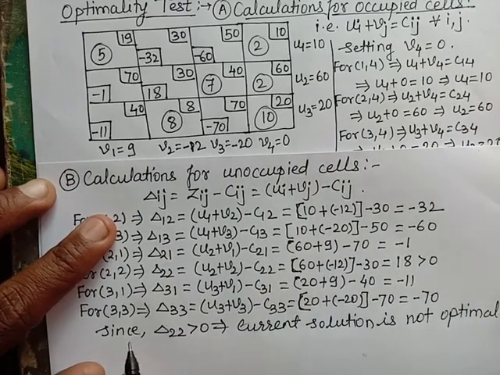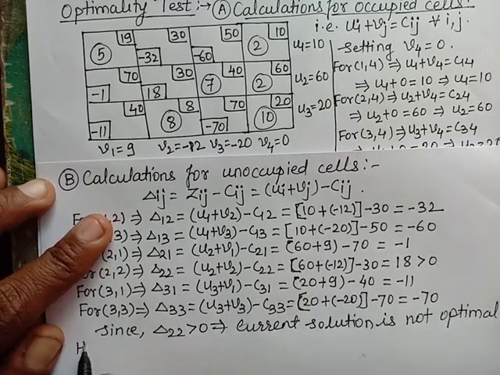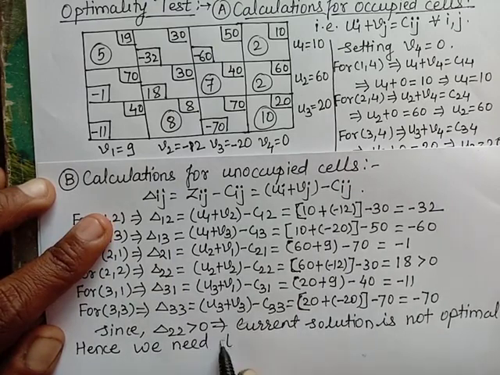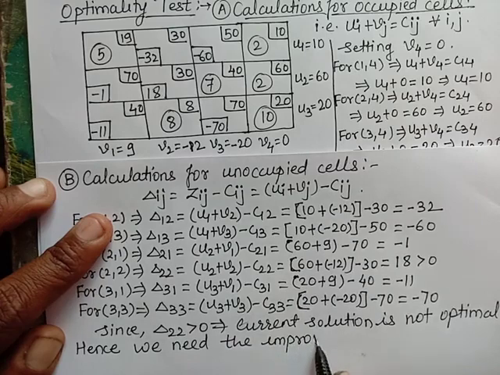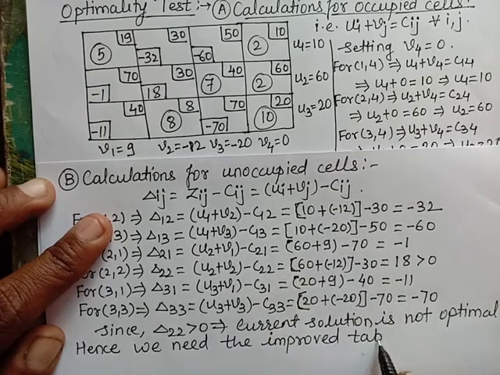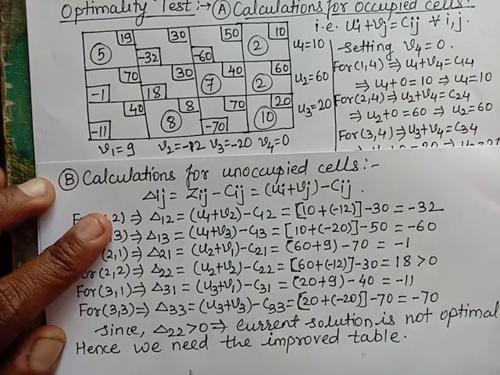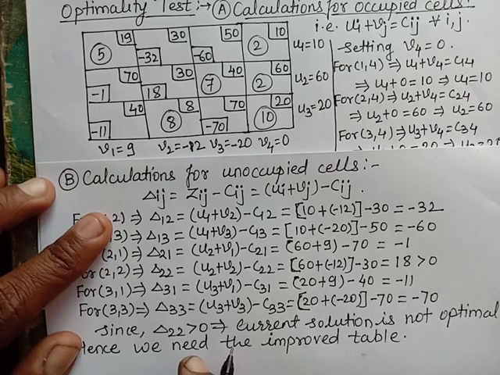Hence we need the improved table. So for this we have to draw a loop, that is a closed path starting from the most positive delta ij.